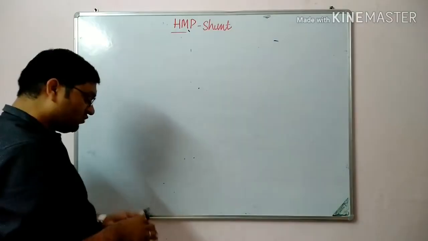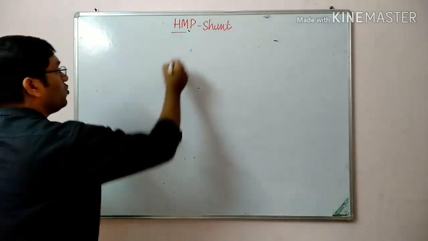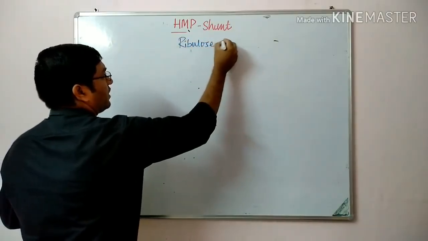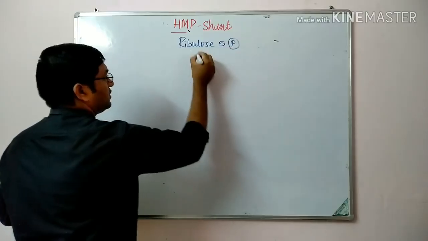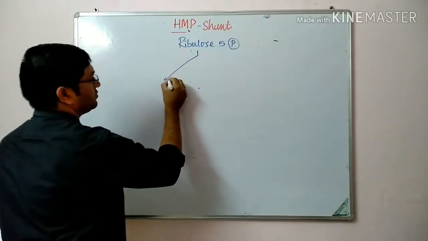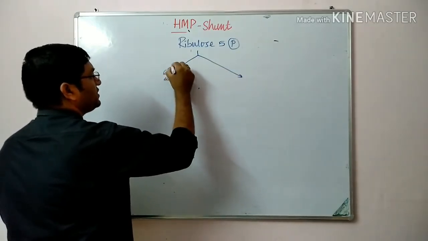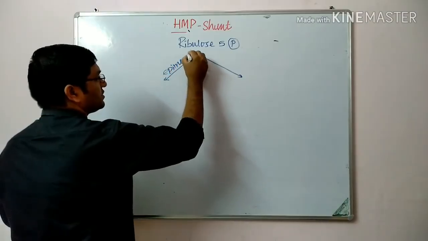In the non-oxidative phase, this ribulose 5-phosphate is epimerized with the help of epimerase.